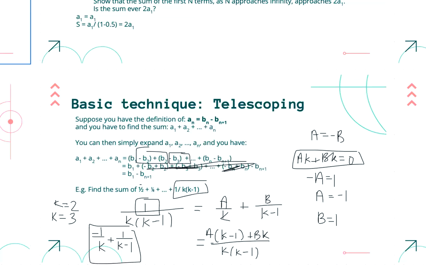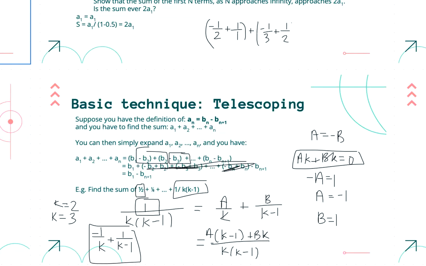And 1/2 can also be expressed in a different way. So that can also be equivalent to this, right? And then now we're talking about 1/6, which is when k equals 3. Then that's going to be negative 1/3 plus 1/2.